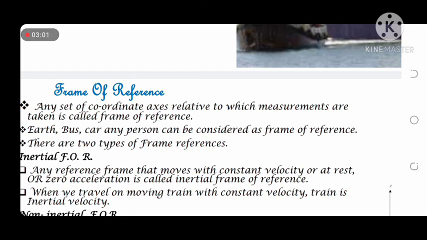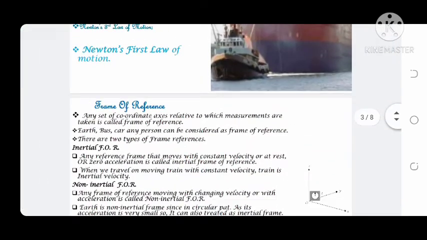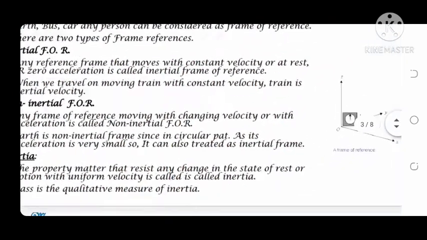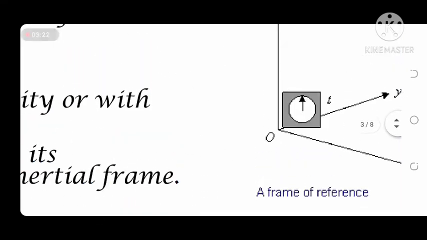Any three-dimensional body such as earth, bus, car, or any person can be considered as the frame of reference. If we see the diagram, the frame of reference is like this.